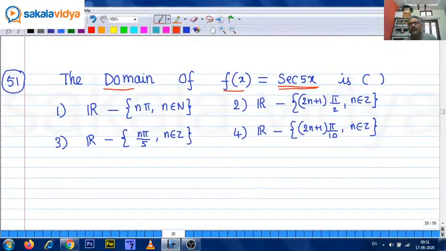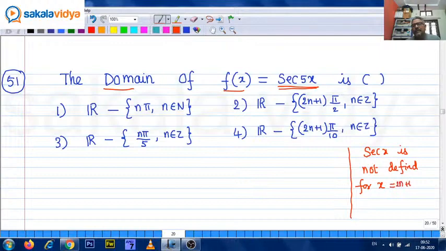See, now here you remember, secant x is not defined for x equals 2n plus 1 pi by 2 values, n belongs to Z. So if x is an odd multiple of pi by 2, then secant x is not defined.